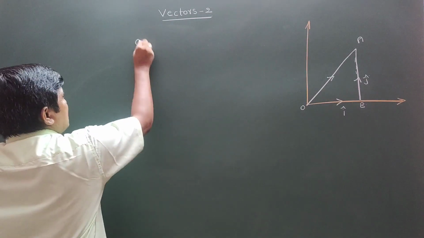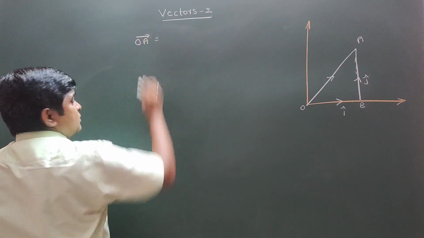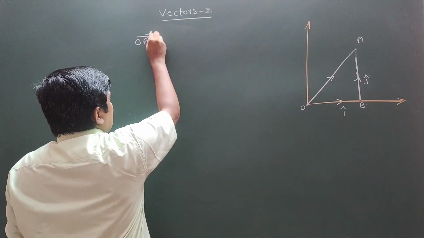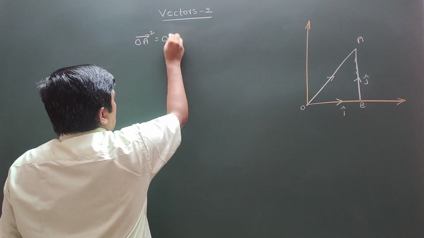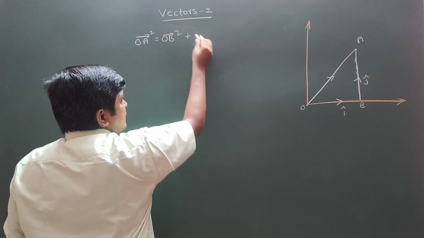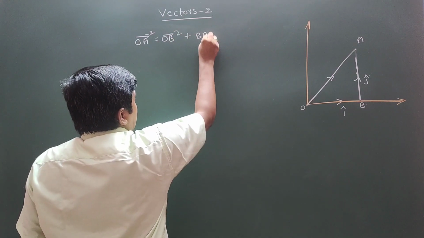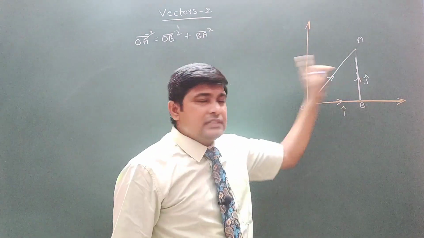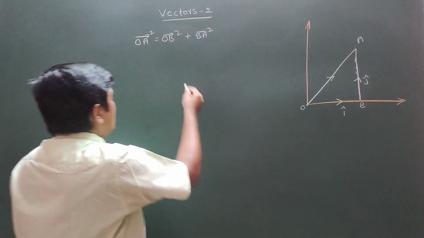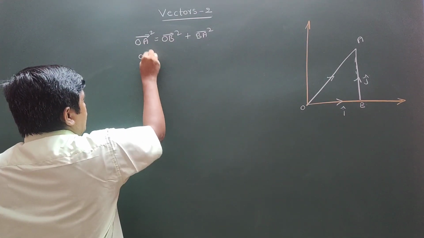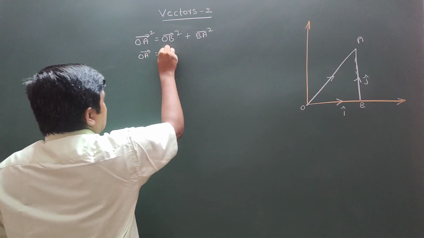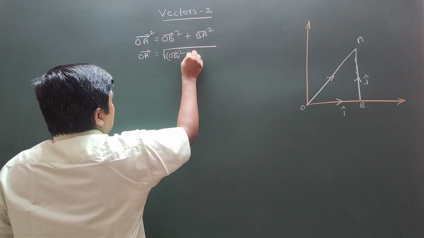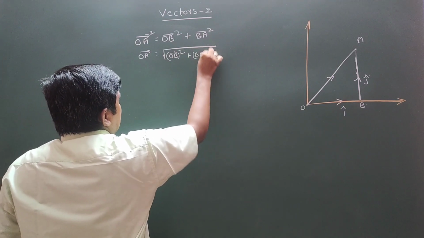Okay, now what you can understand, from the Pythagoras theorem, OA square equals OB bar square plus BA bar square, because hypotenuse square equals side square plus side square. So OA equals square root of OB bar square plus BA bar square.